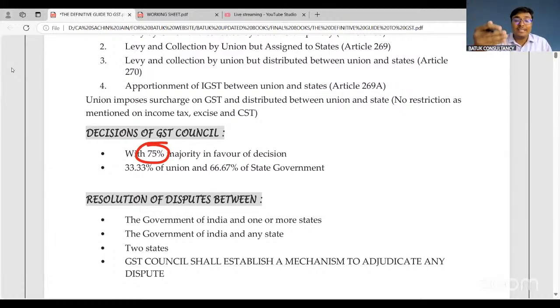In all these GST council meetings, they are taking multiple steps, and while taking the steps, they are taking the permission or the votes from the members of that GST council. And 66.67% of members are from the state governments, and 33.33% are from the central government, that is the union ministry. Then after, the decision will be passed.